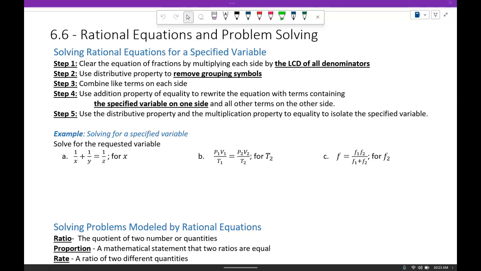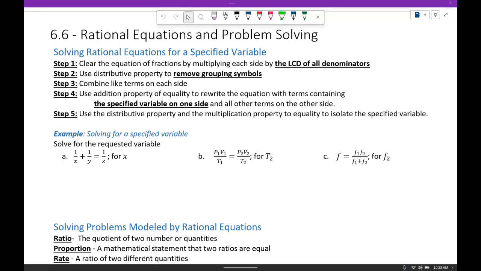We're going to finish up our chapter on rational equations and expressions by looking at solving rational equations in a problem-solving context using real-world examples, as well as manipulating variables within formulas that are rational expressions and equations to highlight a specified variable.